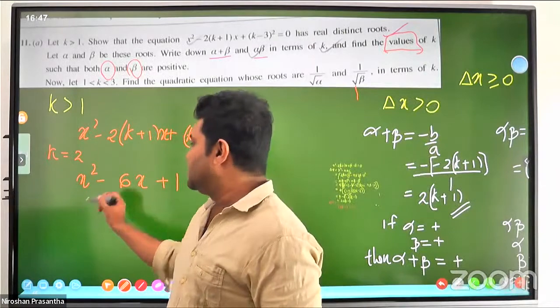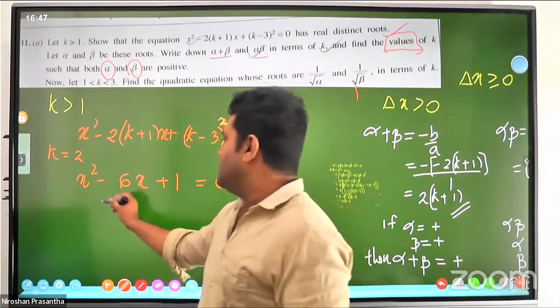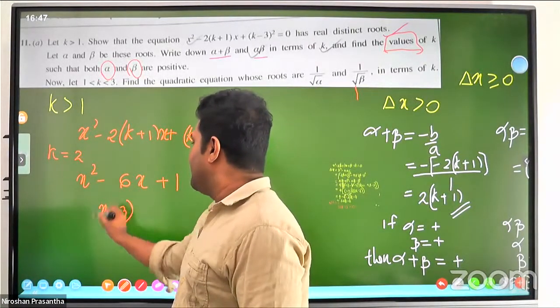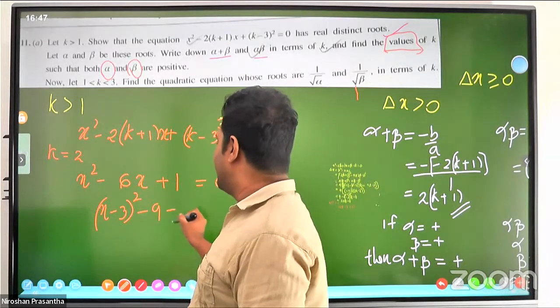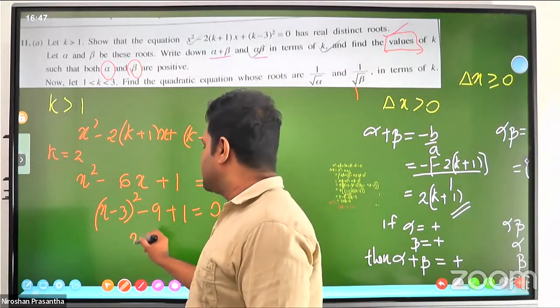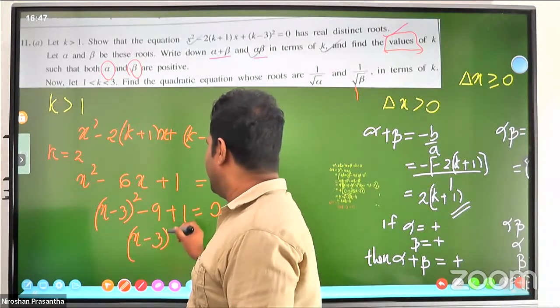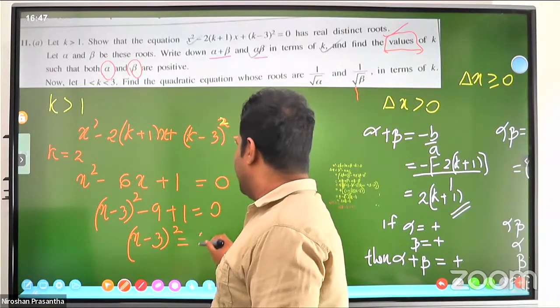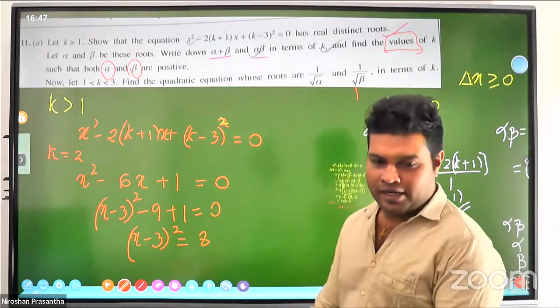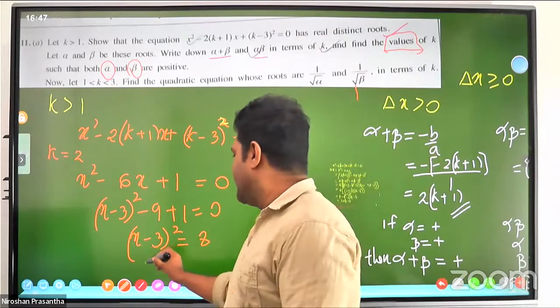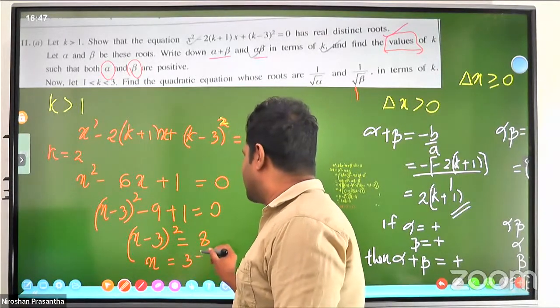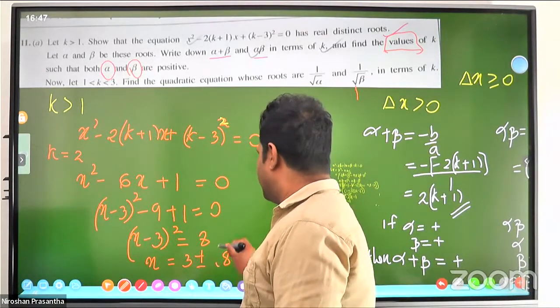If we use completing the square, we can solve it. (x minus 3) squared, then minus 9 plus 1 equals 0. (x minus 3) squared equals 8. So x equals 3 plus or minus root 8.